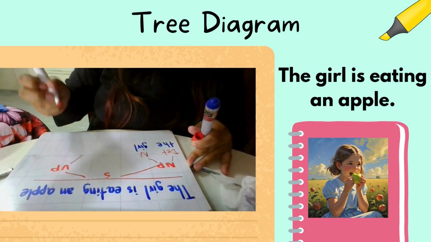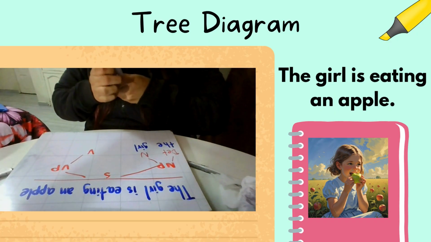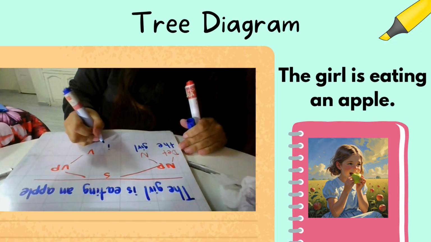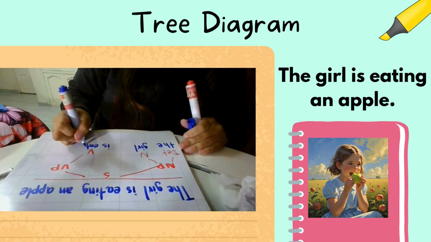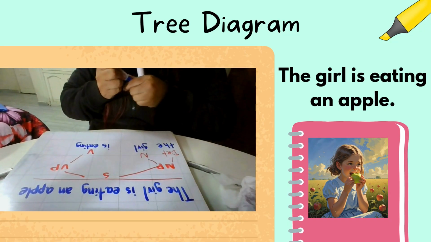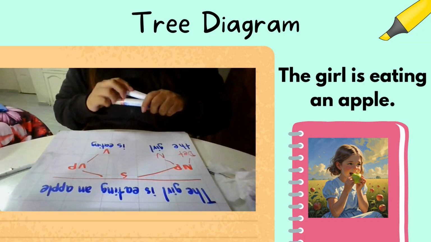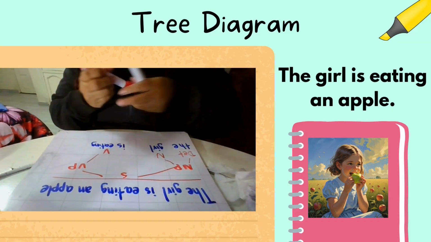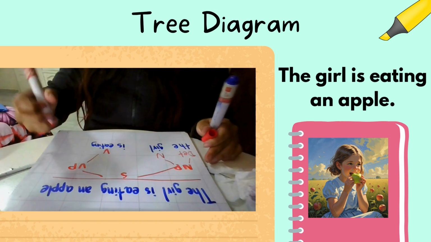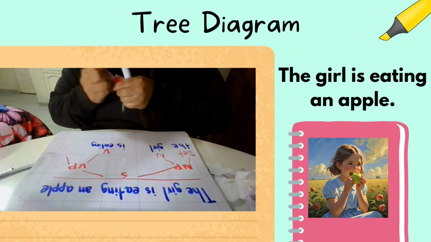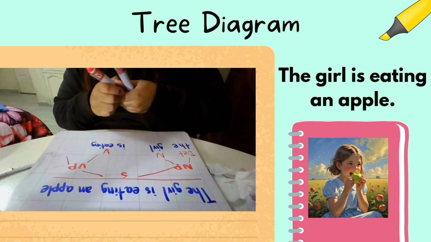The verb in this case is eating. Is eating is the verb phrase. And an apple is another noun phrase.